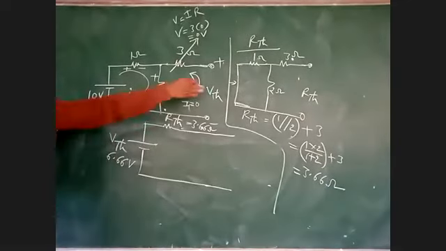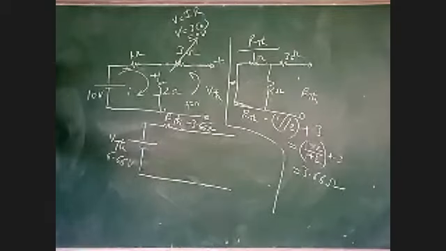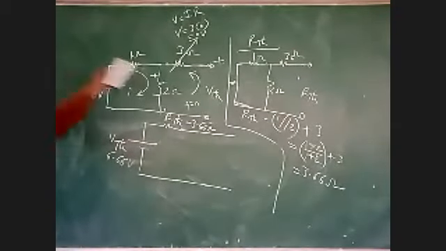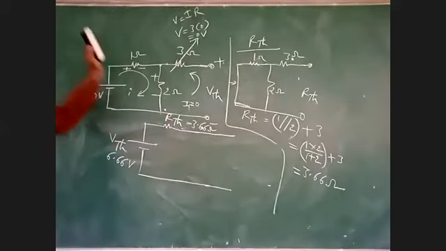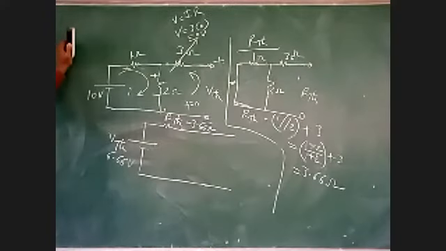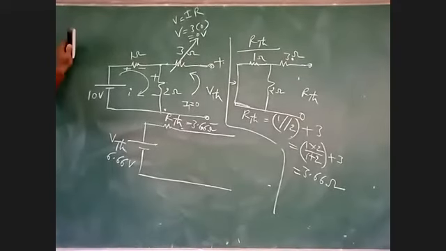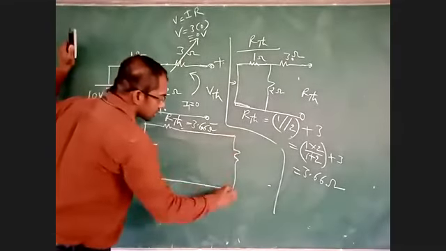Now, what is the resistance you have removed in the circuit? See the problem. 4 ohms. We have removed that 4 ohms.